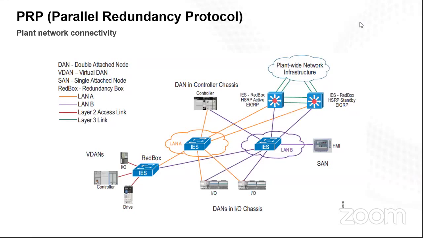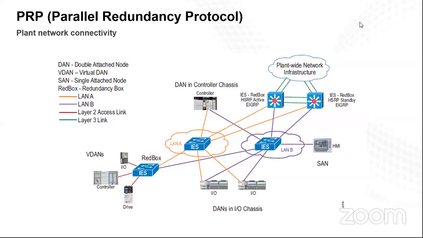What we have here are a set of redundant industrial Ethernet switches, and we recommend the Stratix switches for this. This diagram is showing the Stratix 5410s because they are redundant. They support the HRSP infrastructure between the two nodes, and so those switches do support connecting to a PRP network.